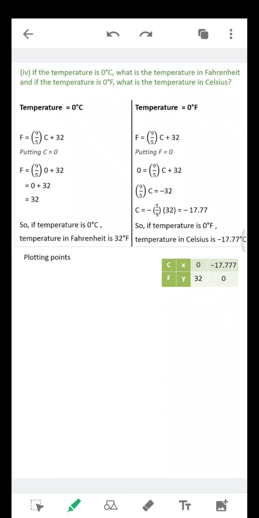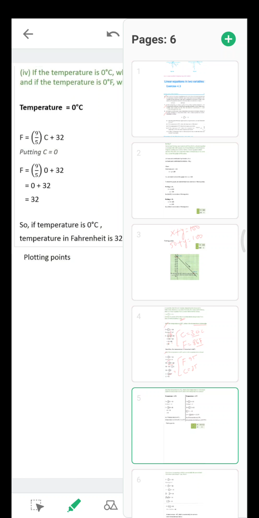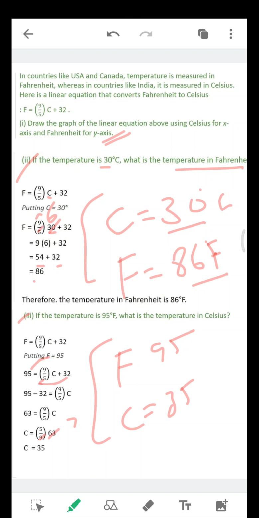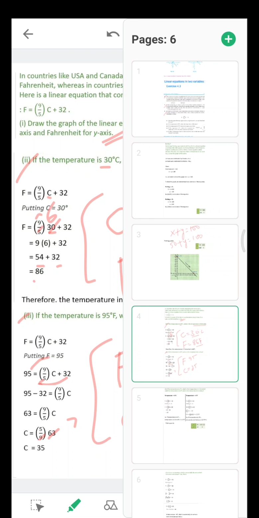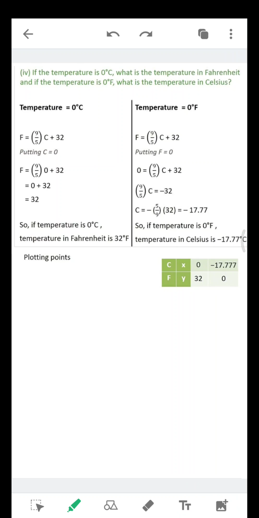Now I can use this, or I can use the previous. I can use these two solutions, or I can use these two solutions. So when Celsius was 0, Fahrenheit is 32. On the x-axis I'll take Celsius, on the y-axis I'll take Fahrenheit. I'll take the solutions 0, 32, and Celsius minus 17.7 with Fahrenheit 0.